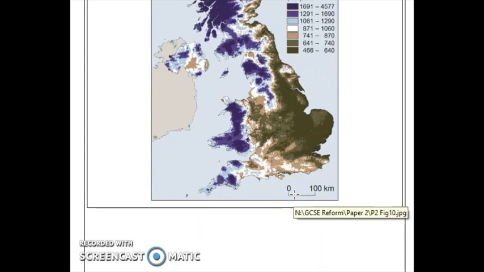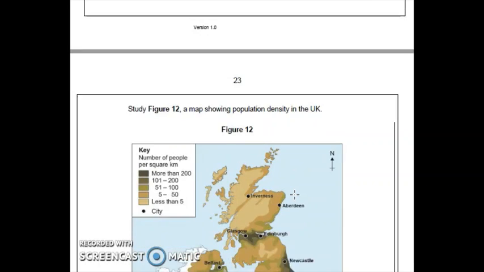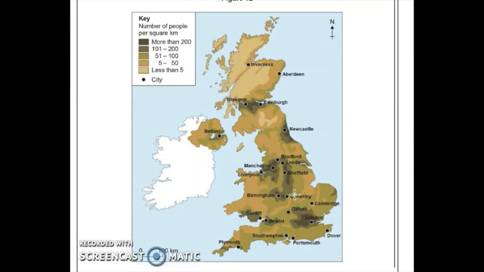Now, if we contrast that with where the major cities are, and obviously the more people there are in an area, the greater the need there is for water. A lot of these areas are located either to the south, so the biggest city is obviously London, or major cities centrally or to the east of England. So these are going to be areas that are going to suffer from what's called water deficit.